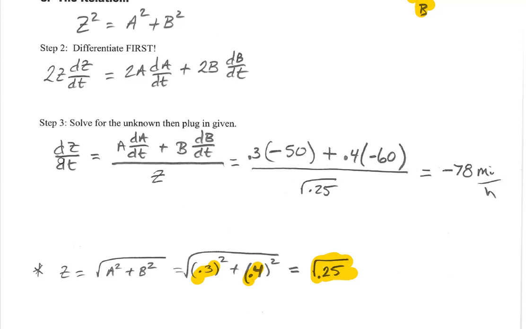Now back in my dz/dt equation, I have a, which is 0.3, times da/dt, which is negative 50, plus b, which is 0.4, times db/dt, which is negative 60, all being divided by z, which is the square root of 0.25. So the rate is negative 78 miles per hour. And that negative sign indicates to us that the vehicles are approaching each other.